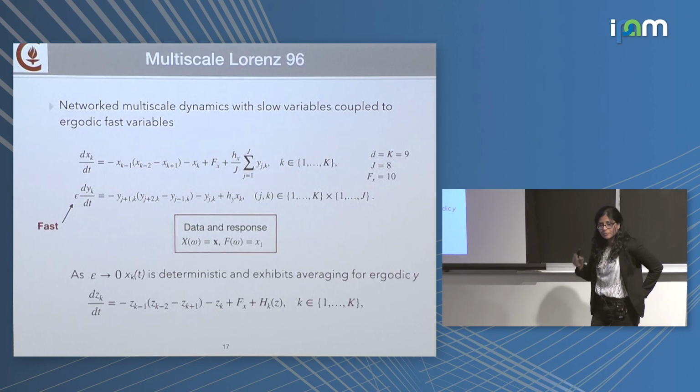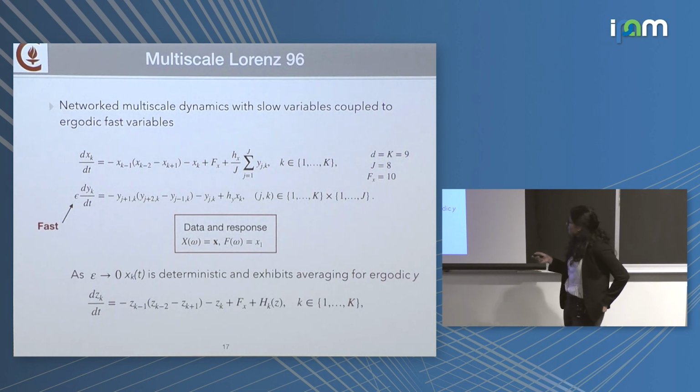We collect data from the slow variables only, so the first 9 xk variables, and we want to predict them at the macroscopic timescale in the future.